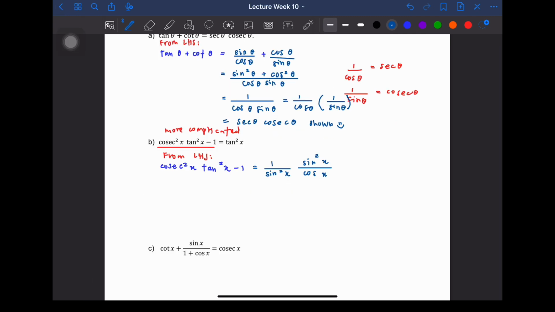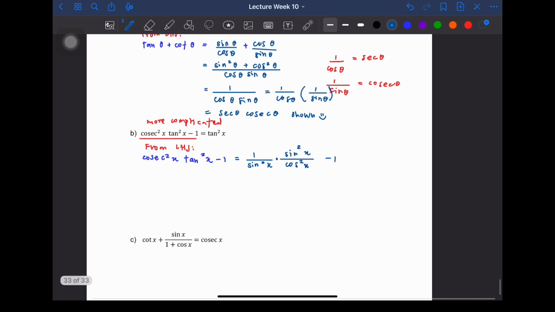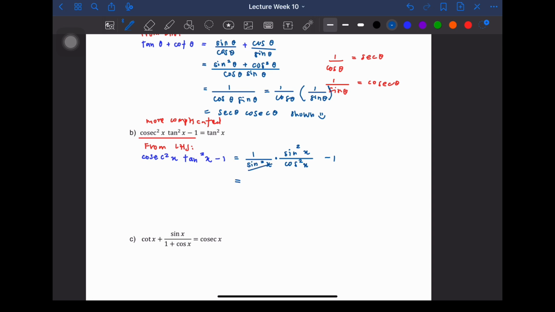So it's sine square and cos square. Okay, because this is tan square, so it means that it's sine square over cos square. Okay, and then at the back we have minus 1. Okay, so this is multiplied. Okay, and then we can simplify this one. We can see that the sine square and the sine square can be cancelled out like this. Okay, so we only have 1 over cos square x right now.